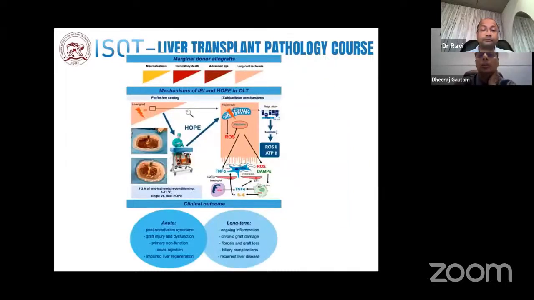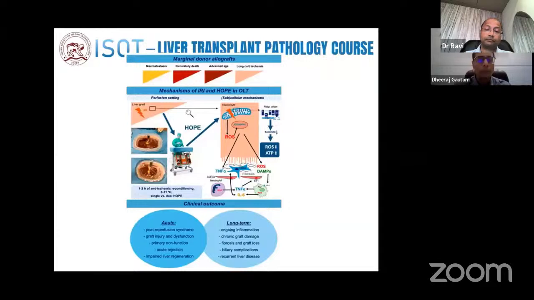If there is a marginal donor allograft, then there is macrosteatosis, circulatory death, advanced age, or large cold ischemia time. All this leads to the mechanism of IR injury, but surgeons usually use hope, that is an oxygenation mechanism, which reduces the ischemic reperfusion injury.